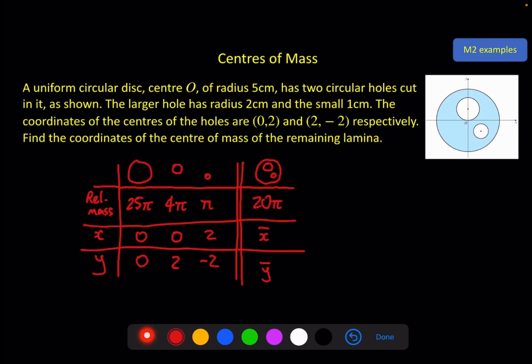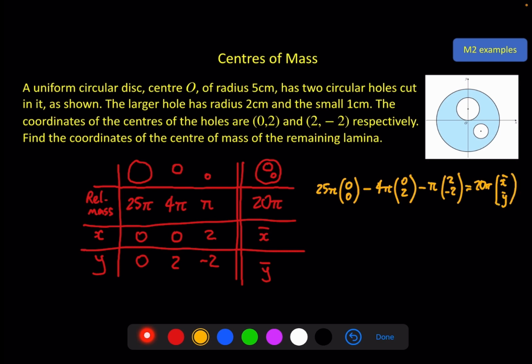Now I form my equation using the system of particles on a plane, but subtracting instead of adding. So I've got 25 pi times the coordinates of its center of mass, minus 4 pi times the coordinates of its center of mass, minus pi times the coordinates of its center of mass, is equal to 20 pi times the coordinates x bar, y bar.